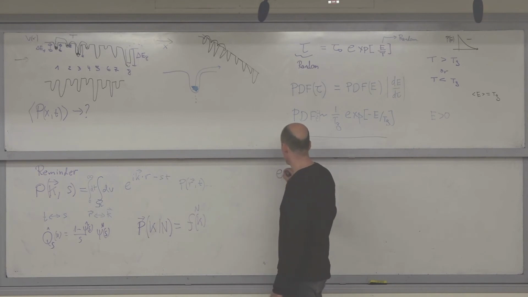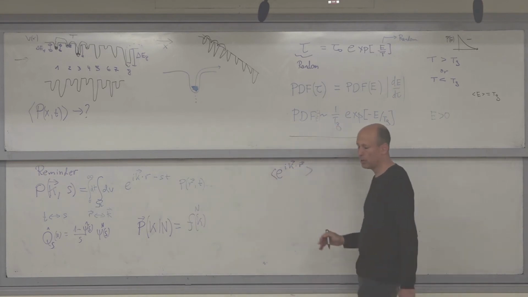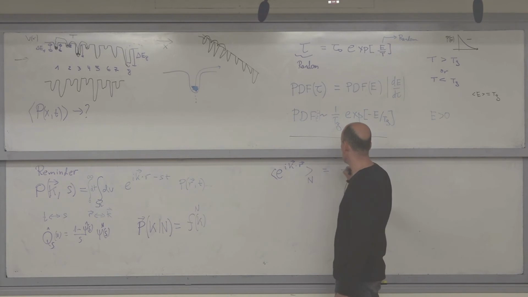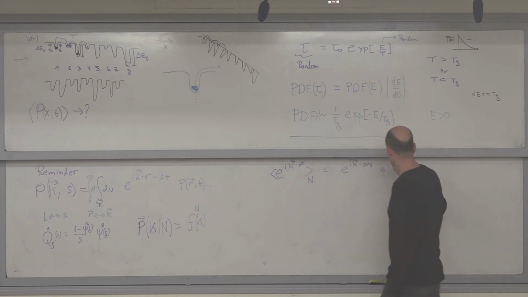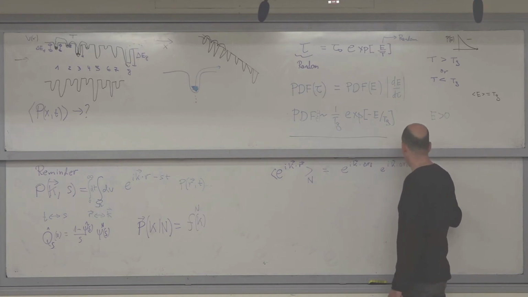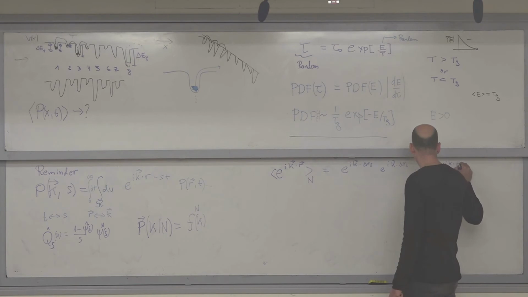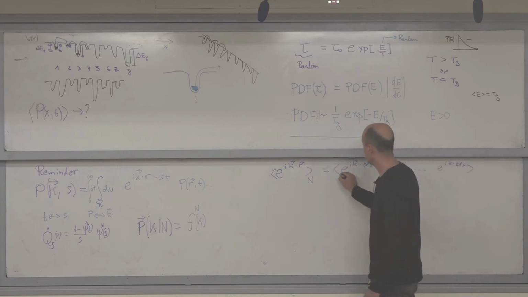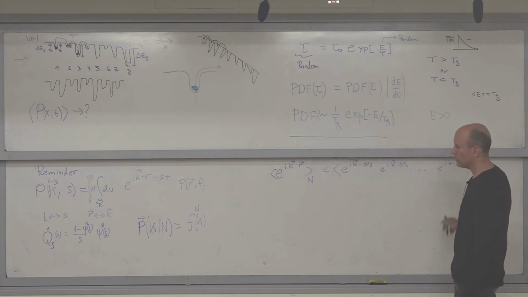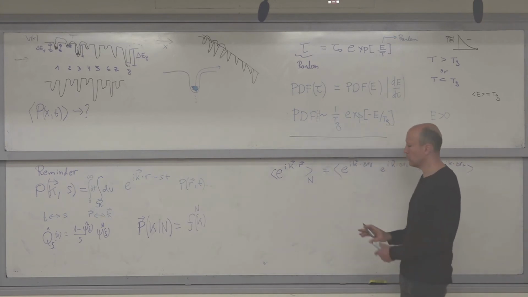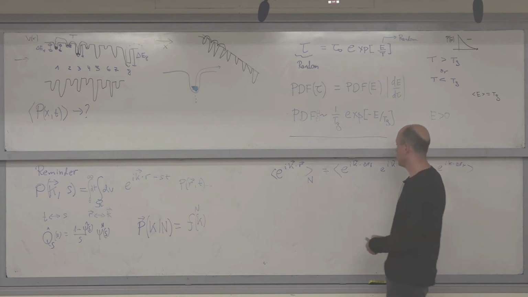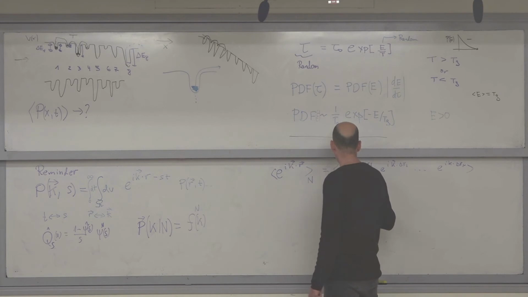This is the usual random walk, that the position is the sum. So this is simply because e^{ik·r}, which is the Fourier transform of the position, given that you have exactly n steps, is simply e^{ik·Δr_1} e^{ik·Δr_2} and so on up to e^{ik·Δr_n}, the nth jump. And then you say each one of them is independent of each other, and they are also identically distributed. These are the jump sizes. So this, as you hopefully recall, is the average of e^{ik·Δr} to the power n.